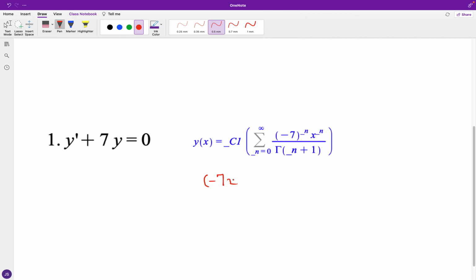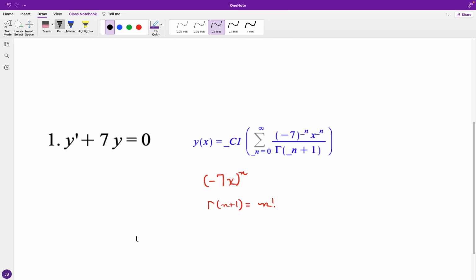That is going to be the quantity of negative 7x raised to the n. For the gamma function, you have gamma of n plus 1, and that is going to be equal to the factorial of the expression that is 1 less. So in this case, gamma of n plus 1 is equal to n factorial.